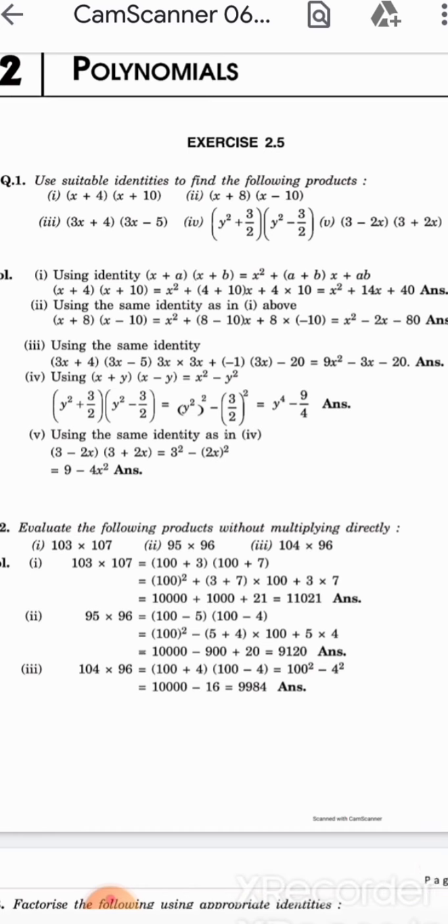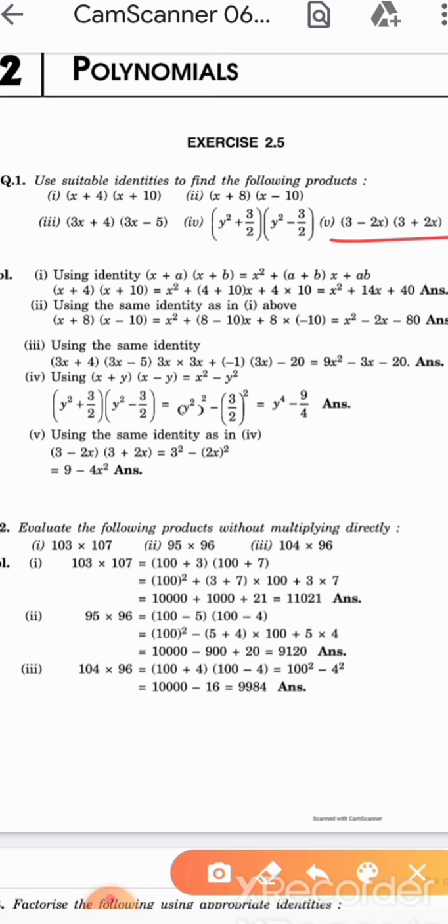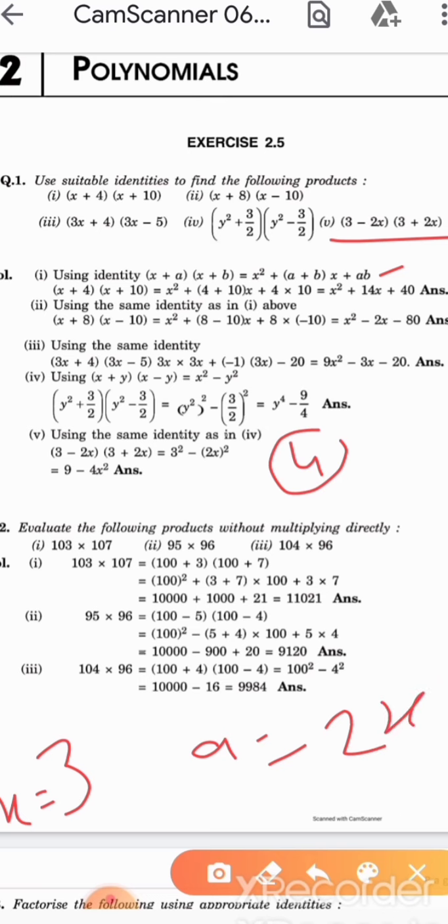Next, question number 5. Again bracket multiplication: 3 minus 2x and another bracket 3 plus 2x. Again using identity number 4, we write our identity number 4: x plus a into x plus b is equal to x square plus a plus b into x plus a into b. Comparing, we get the first term x value is 3, a is equal to minus 2x and b is equal to plus 2x.